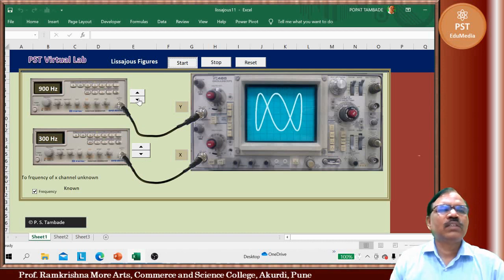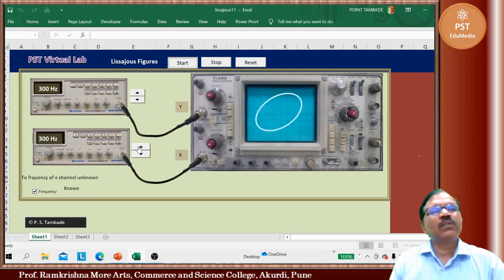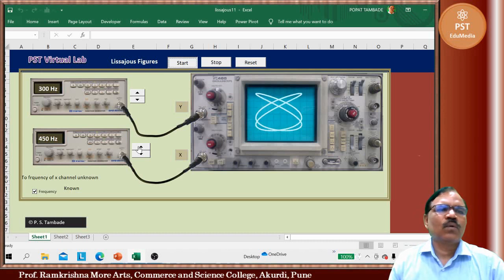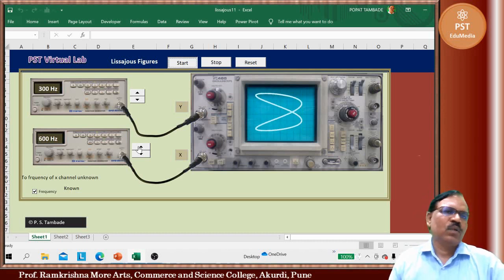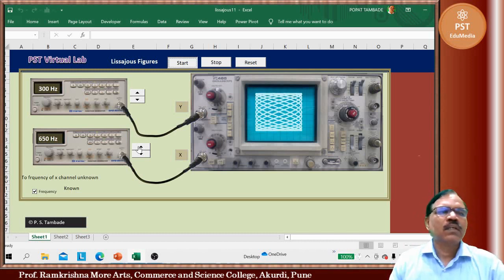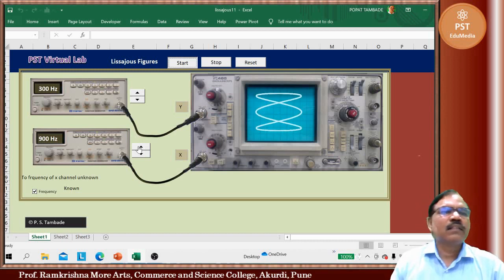The frequency ratio is 1:3. I will take this as 300 along the y-axis, and I will change this. So 300 to 300, it is a circle. Now here 600 to 300, 2:1. 900 to 300, 3:1.